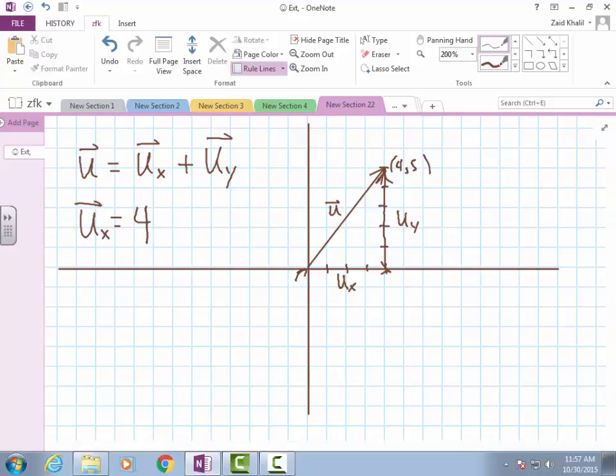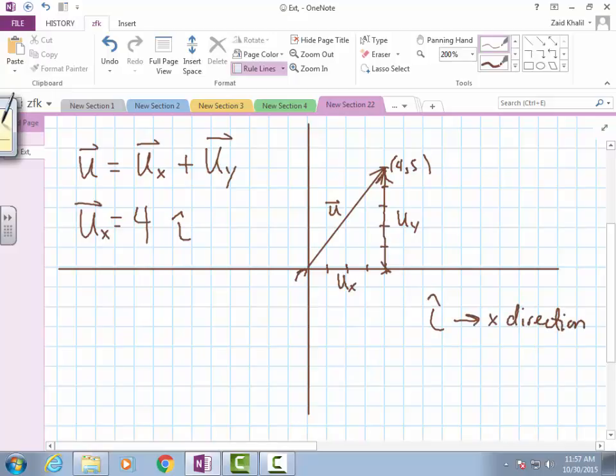So Ux is equal to 4 i hat, where i hat means x direction. And the magnitude of i hat is 1. So really, what is that doing? It's just telling me that it's 4 units to the right. It's in the positive x direction.